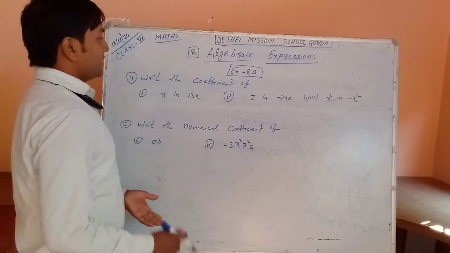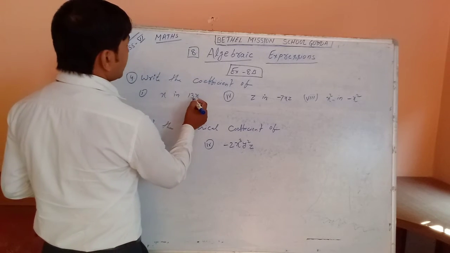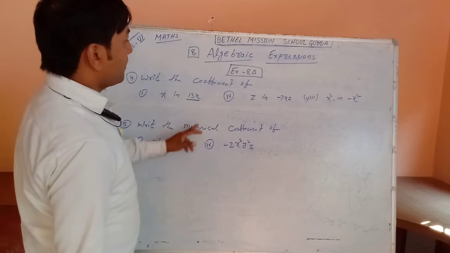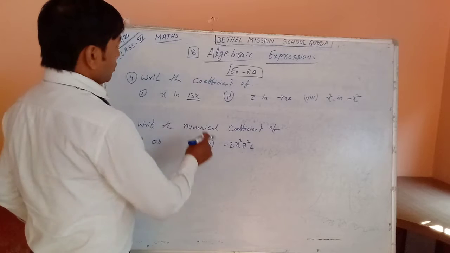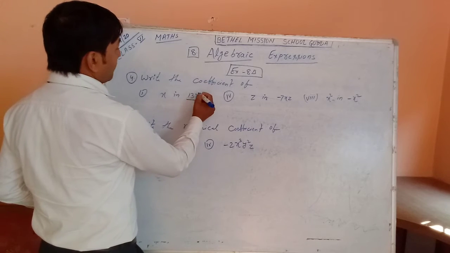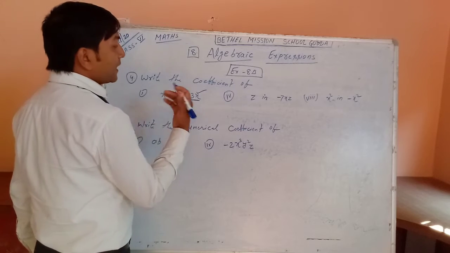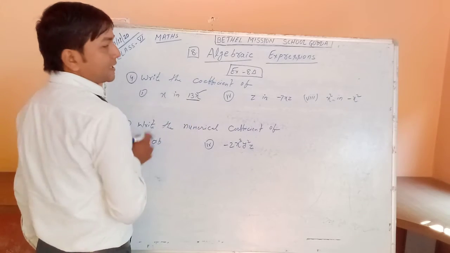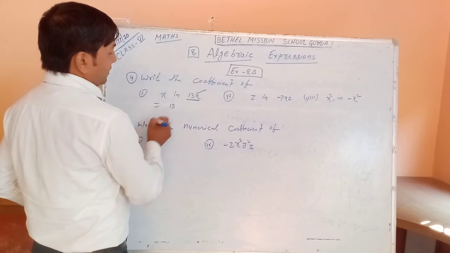Fourth number question says, write the coefficient of x in 13x. So in 13x, what is the coefficient of x? It is 13, meaning the multiple. What is the multiple of x? Here 13. So the answer will be 13.